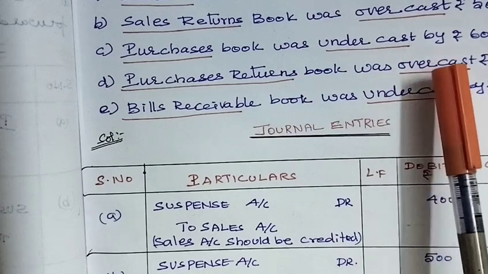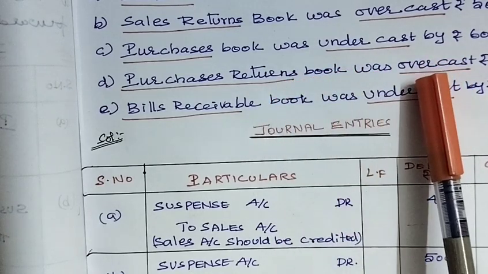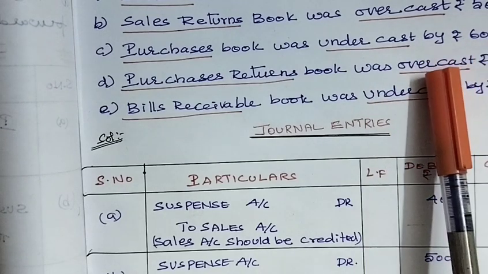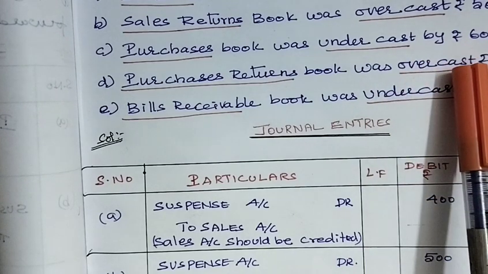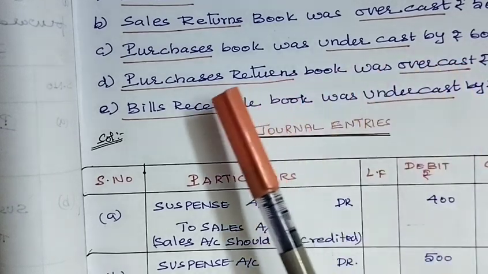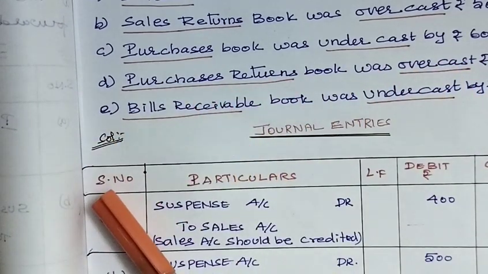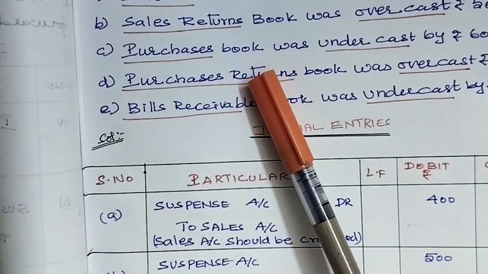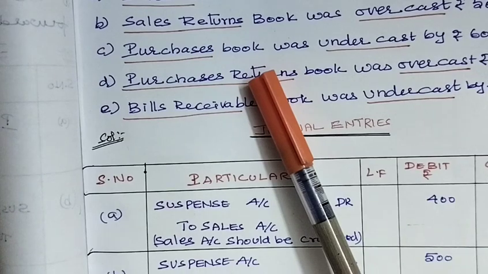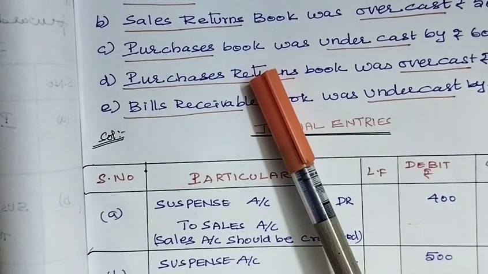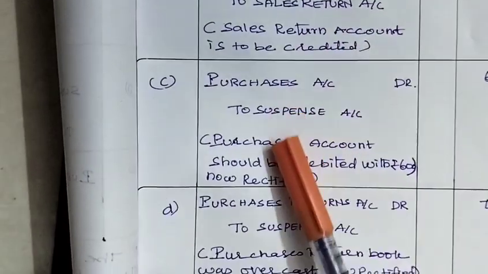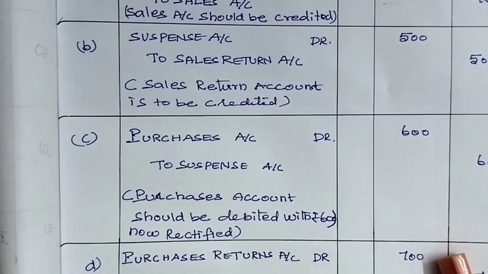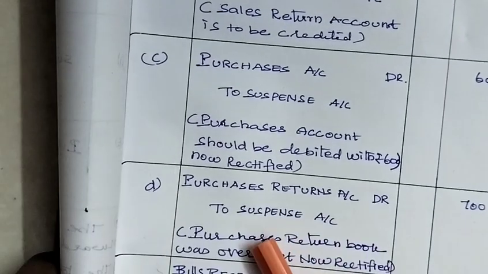But what is given here? The purchases return book shows an excess of 700 rupees. So now we rectify it by taking the opposite: purchases return book should be debited rupees 700. Then only the error will be rectified. Purchases return account Dr. 700 rupees to suspense account 700.